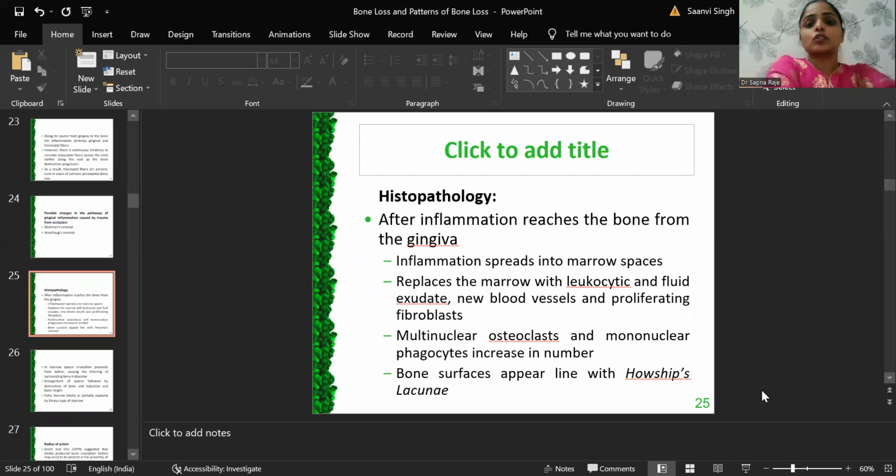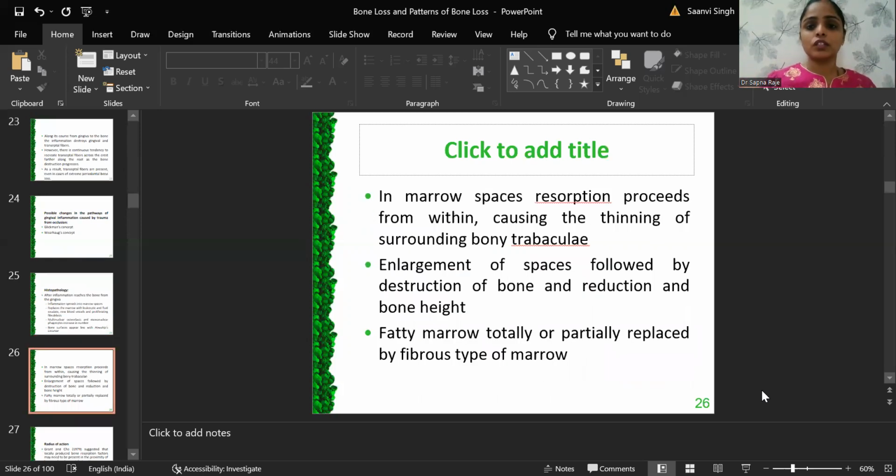Now coming to histopathology, how the inflammation reaches the bone from the gingiva. Inflammation spreads into the marrow spaces and replaces the marrow with leukocytic and fluid exudate, new blood vessels, and proliferating fibroblasts. Multinuclear osteoclasts and mononuclear phagocytes increase in number, and the bone surface appears lined with Howship's lacunae.